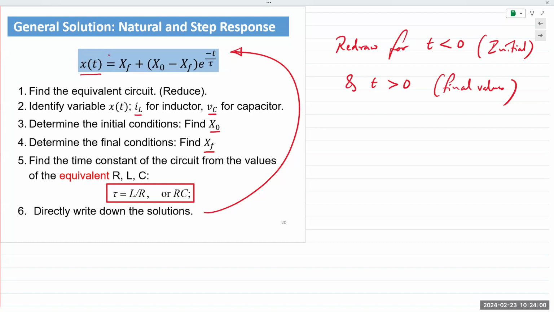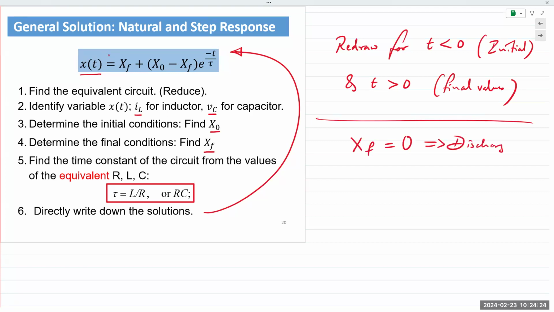The equation might seem complicated, but it only has 3 quantities. And if it's discharging, you only have 2 quantities, because XF, the final value, would be equal to 0. So for discharging circuits the expression still works, because XF is equal to 0.